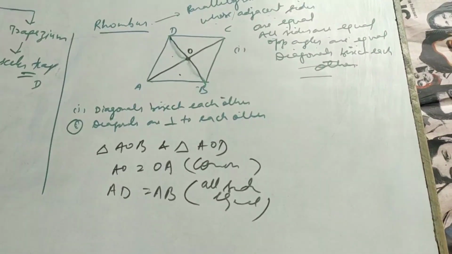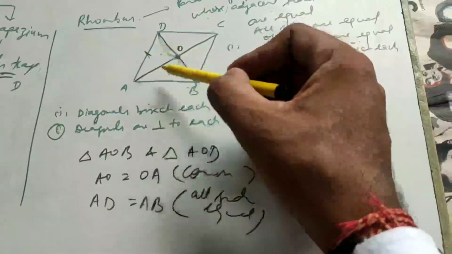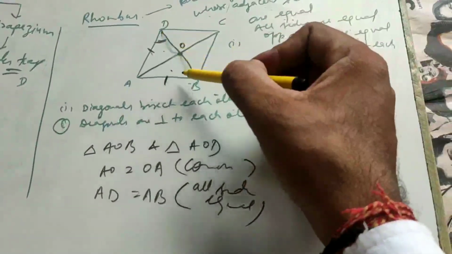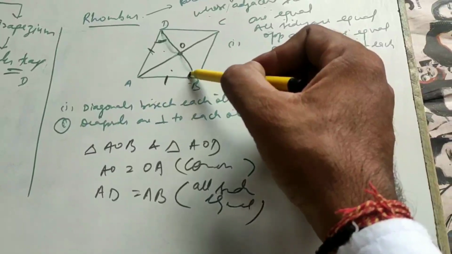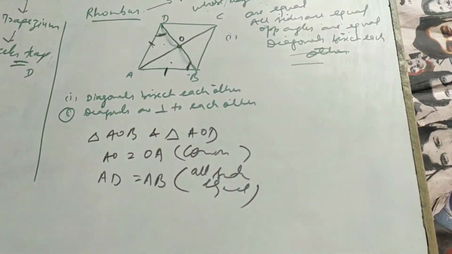If AD and AB are equal, then these two angles are the same, because this is an isosceles triangle.